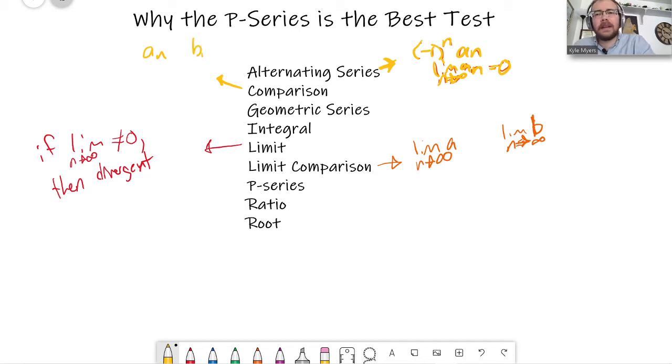If B_n is greater than A_n and it converges, so if B converges, then A converges. And if it's the other way around, if your cleaned up version is less than A, then if B diverges, then A diverges.